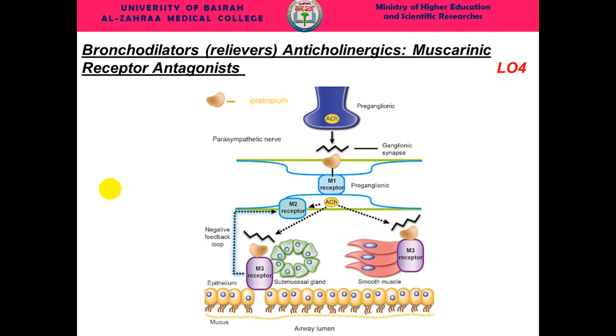So if we block this parasympathetic ganglion by anticholinergic or muscarinic receptor antagonists, we will get bronchodilation. They act on the M3 receptor. First of all, they will induce smooth muscle relaxation, and they will reduce the mucus secretion by the mucus gland, so they will induce bronchodilation, lower mucus secretion, and hence a relief of asthma.